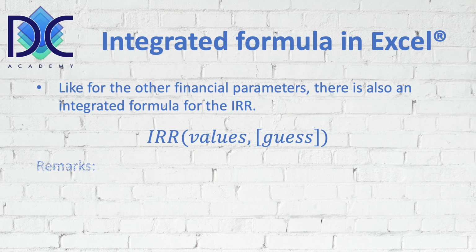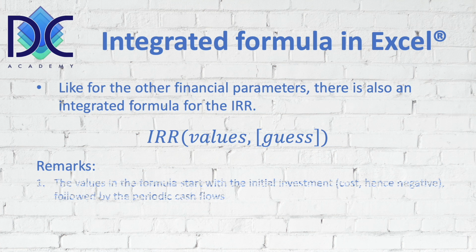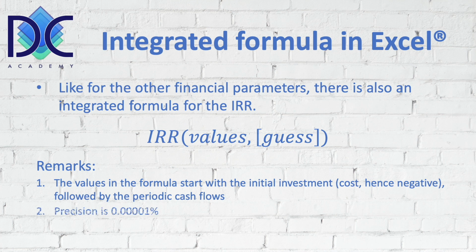When we are working with the internal rate of return, we have the investment, the cost, and the periodic cash flows. All of these values are integrated in the term values in that formula. So we select everything. It's not like in the net present value where we took out the initial investment.